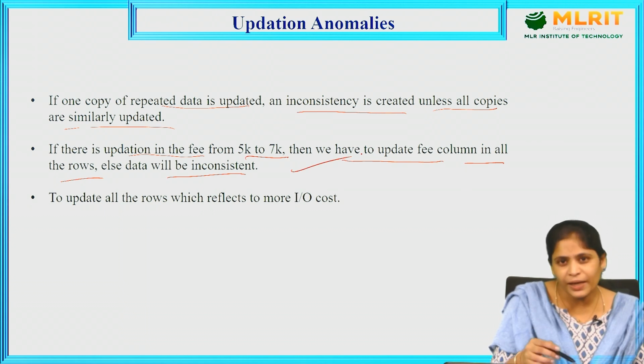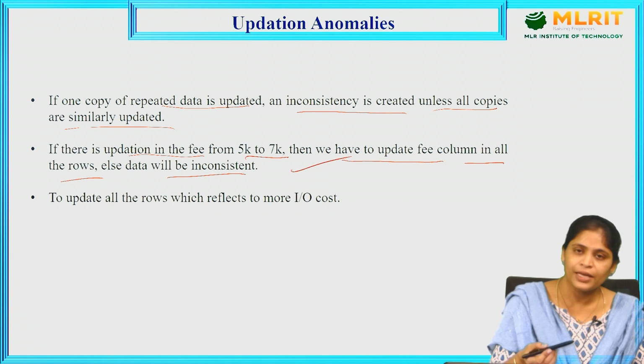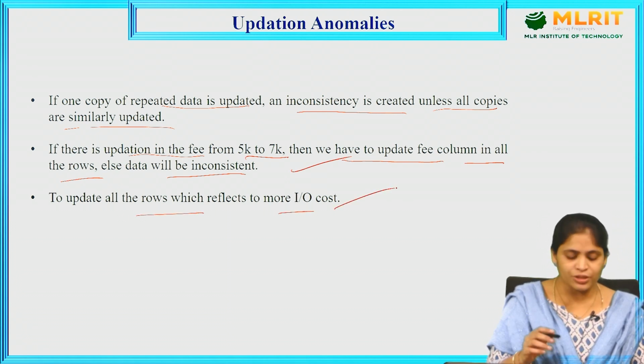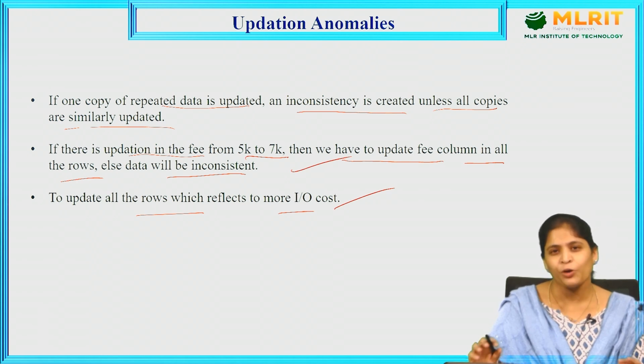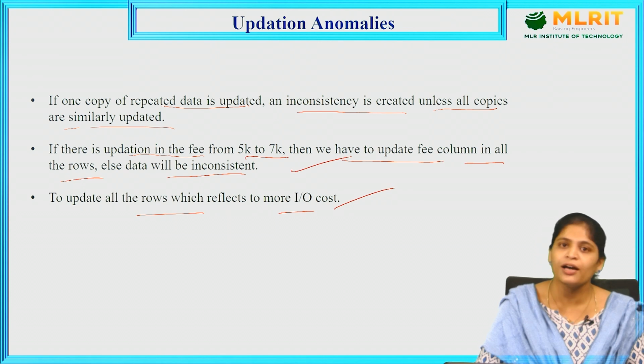Updating all the rows is a time consuming process and IO cost will also increase. So these are the three different anomalies. These are the problems caused due to maintenance of data redundancies in the database.